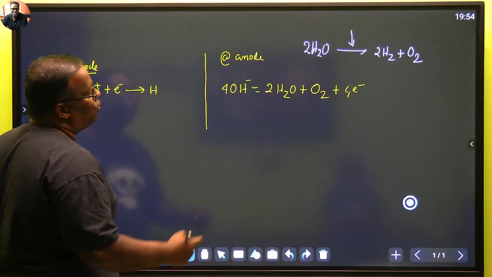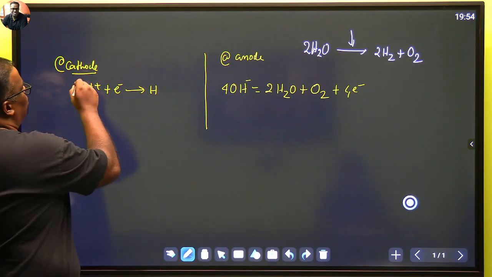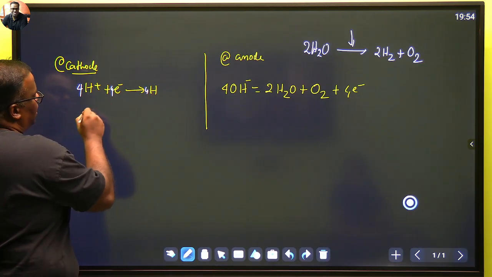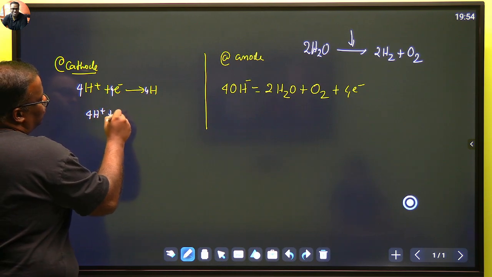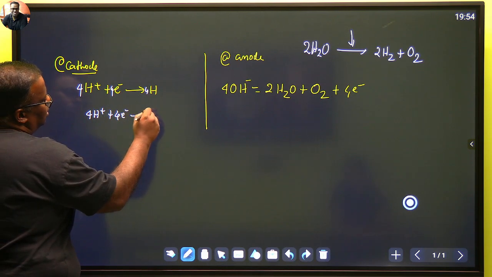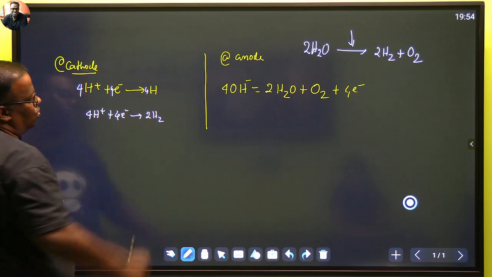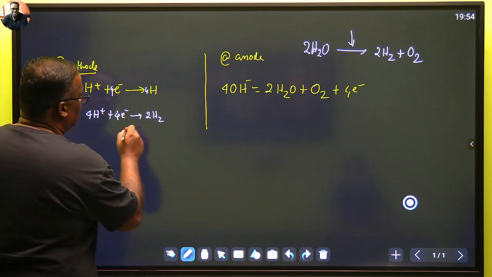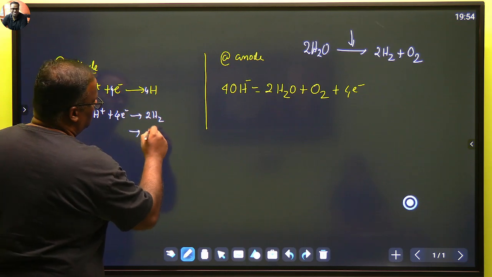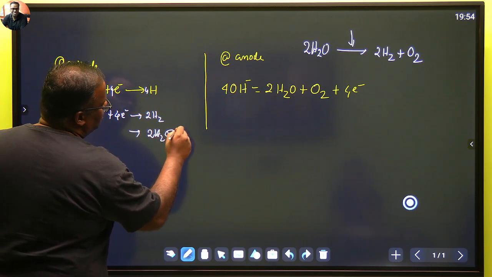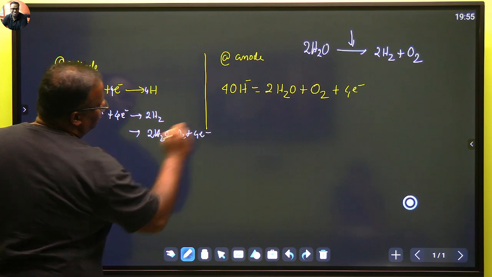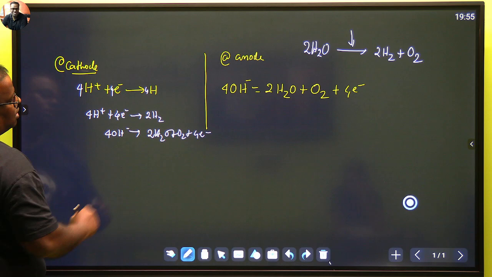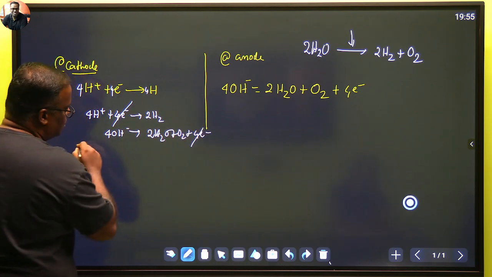Before combining, we have to make the number of electrons equal: 4H, 4 electrons, 4 hydrogens. So I can write 4H plus 4 electrons gives me 2H2, 4 hydrogens, correct? And on this side, what is the reaction we have? We have 2H2O plus O2 plus 4 electrons. And on this side, we have 4OH minus. So the first thing, 4 electrons and 4 electrons cancel each other.